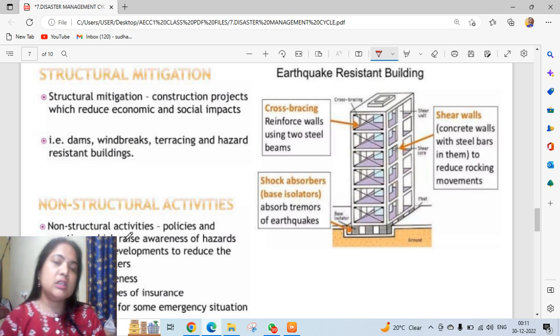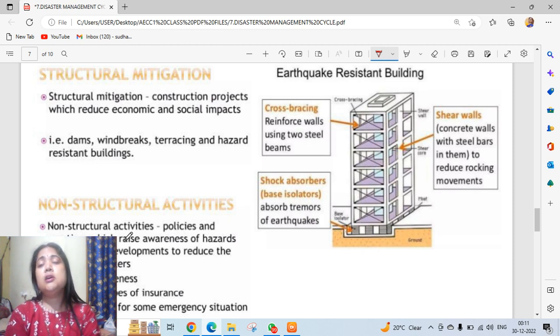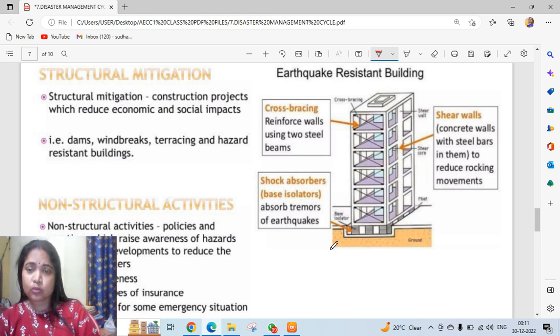Because nowadays you must have some knowledge that in the earthquake prone regions, the buildings are made with earthquake resistant facilities. Okay, so this is the earthquake resistant building construction.